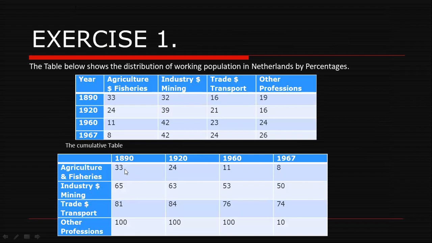Assuming they have given us maybe 330, 320, 160, and 190, it means we shall add 330 plus 320 plus 160 plus 190 to get 1,000. So the total here is going to be 1,000. If they are the same also on this one, then you will also add them.